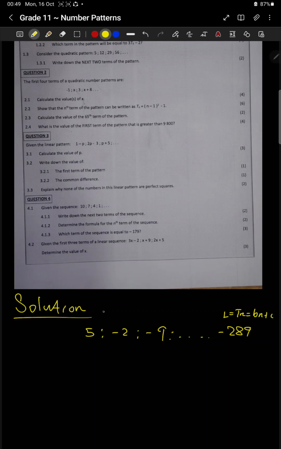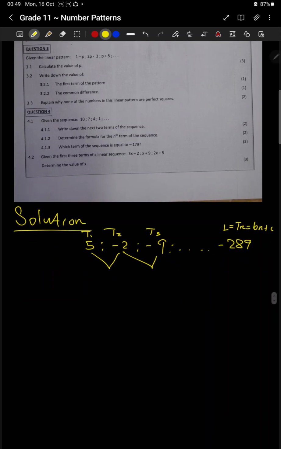All right, so this is T1, this is T2, this is T3, so we can find the difference between them. Now I always advise you guys that you must use this formula that says T2 minus T1 is equal to T3 minus T2. It's going to help you get the correct answers, especially if there is a negative term, like for example this one here.